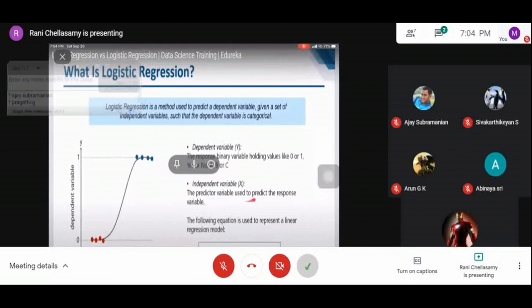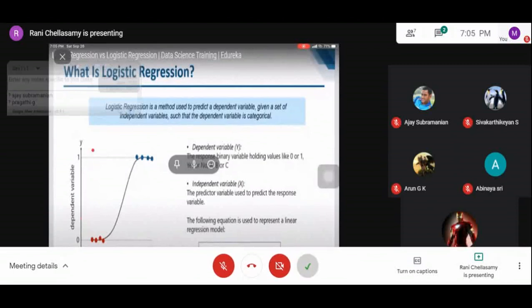So you'll be getting an S-like curve that we call a sigmoid curve. The range of values is going to be between 0 and 1, so for logistic regression the outcome value ranges between 0 and 1.